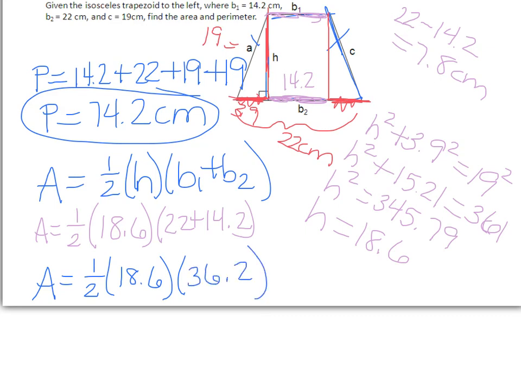And when I multiply all of that together, 0.5 times 18.6 times 36.2, we get 336.66 centimeters squared.